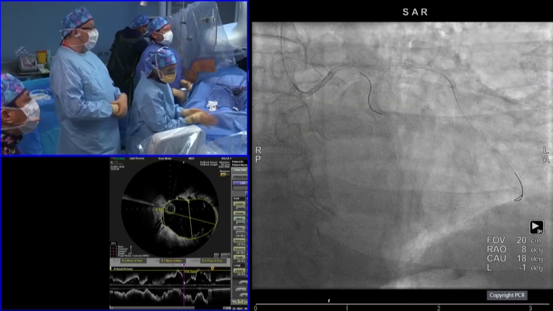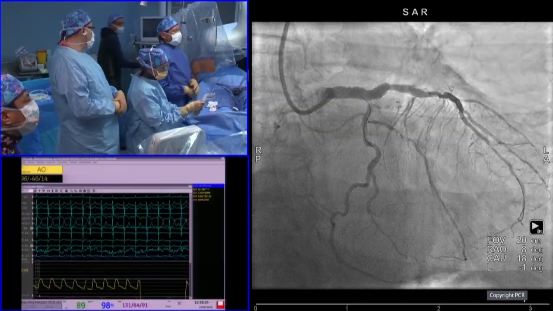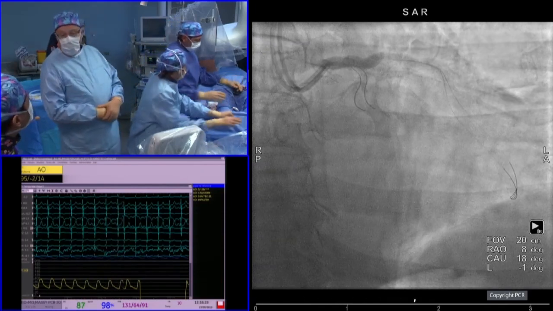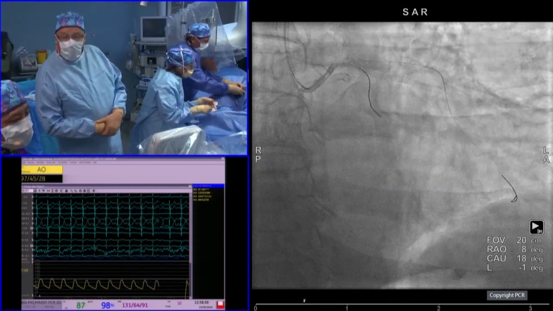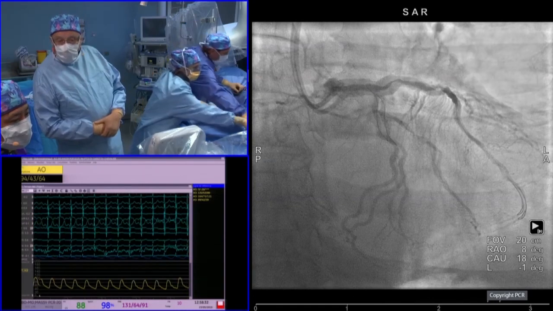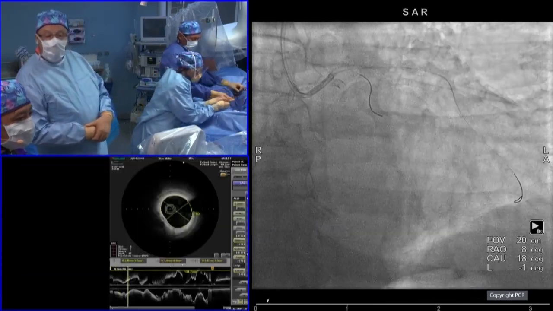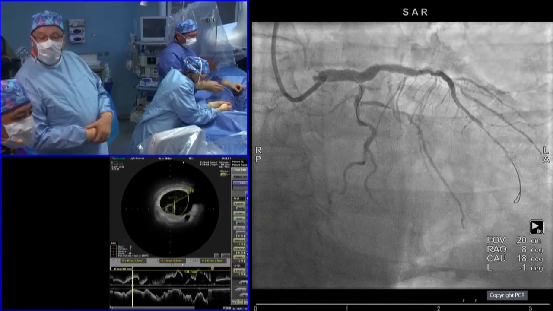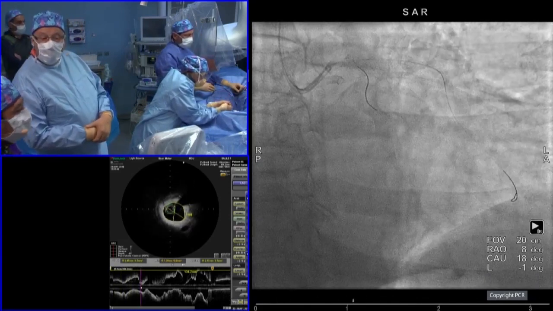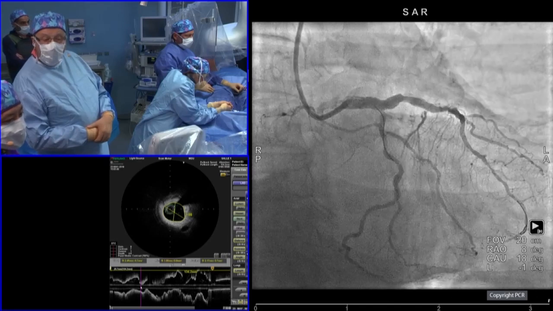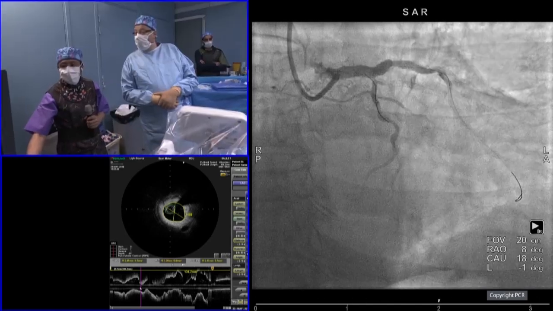By angiography, it looks better. I think we should do another run. For the mid-LAD, I think the size was 3.2 square millimeters, if that's correct, something like this. There was a point where the MLD is 1.88, but in area it's 2.8.